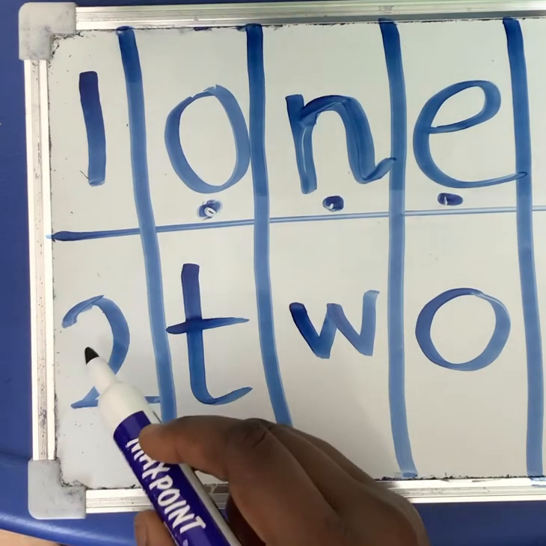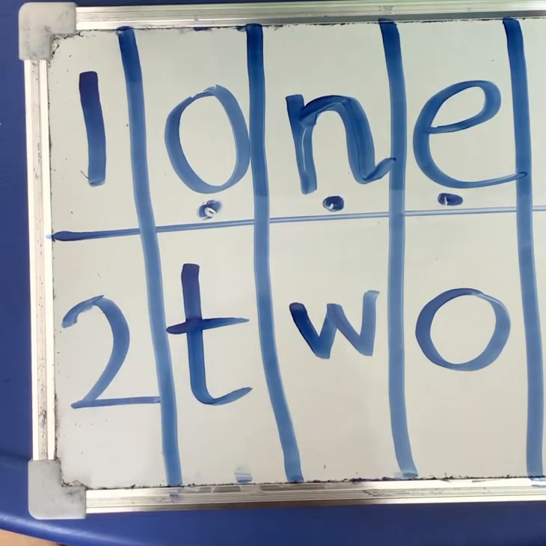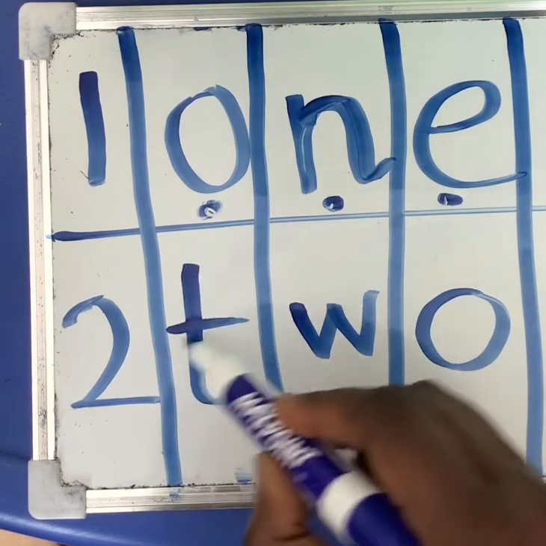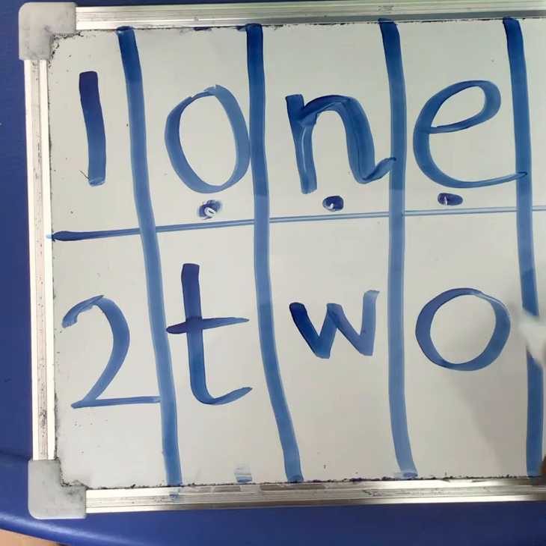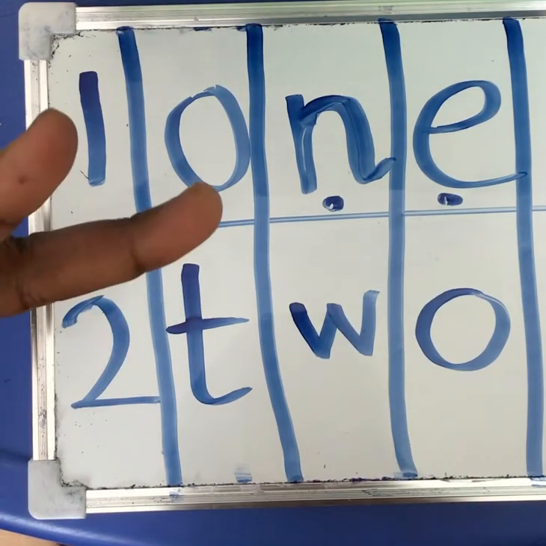Now, look at the next number. We have 2. Let's try to write the number 2 using the letters T, W, O. Do we say T, W, O?